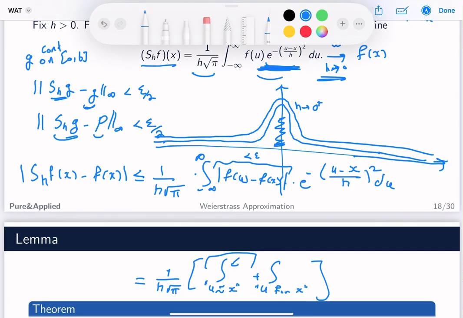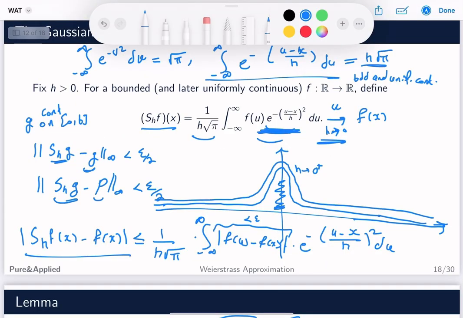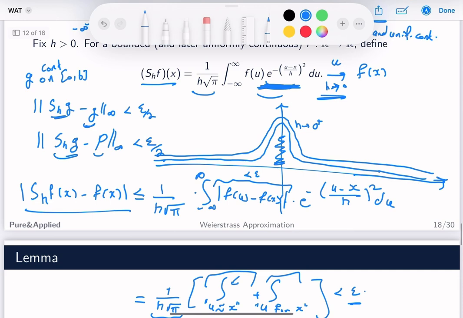So for the second piece, you can also bound it by epsilon, and hence the whole thing can be bounded by epsilon. So the overall idea here is that once you do this kind of splitting, which is a standard thing in analysis, you can get a uniform bound on this in terms of epsilon. And this is going to prove the uniform convergence.